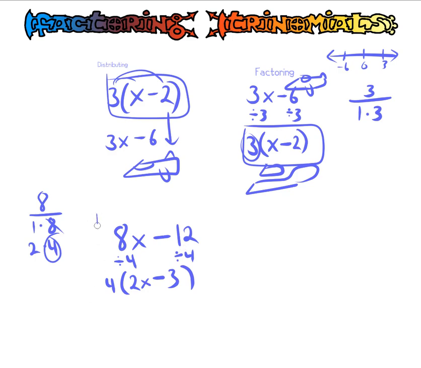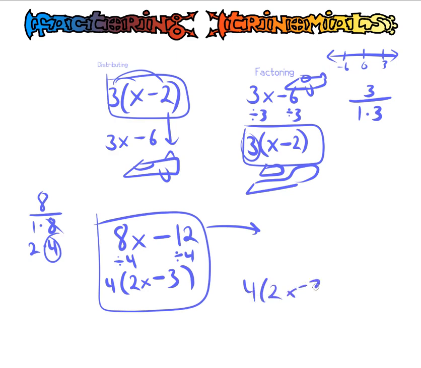If I want to know if I'm right, I could always do the opposite. If this is the factoring step, then to check if it was correct I would just go 4 times 2x minus 3, and start distributing. 4 times 2x is 8x. 4 times negative 3 is negative 12.